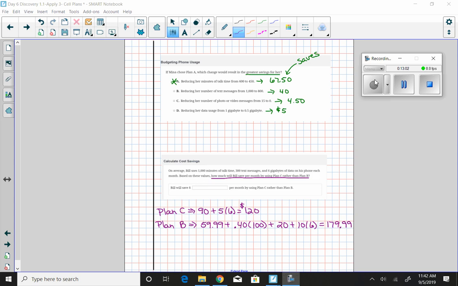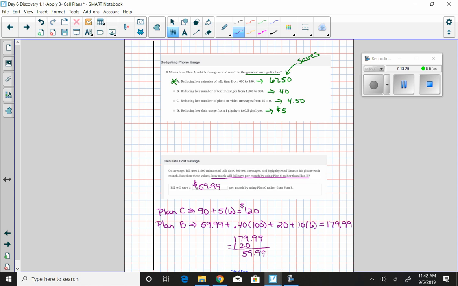That's $179.99. The question is, how much does he save? $179.99 minus the 120 is $59.99 saved. He saves $59.99 by having plan C rather than plan B.